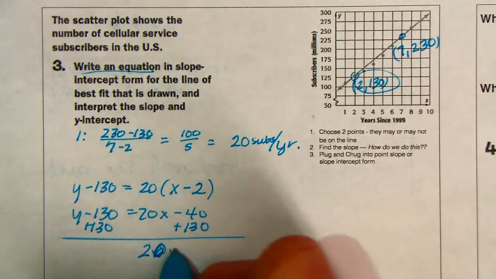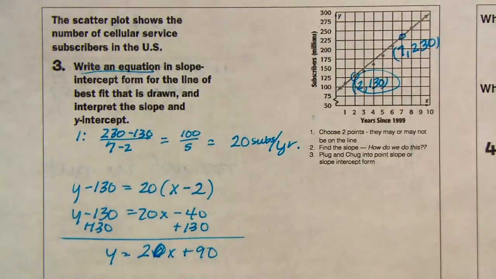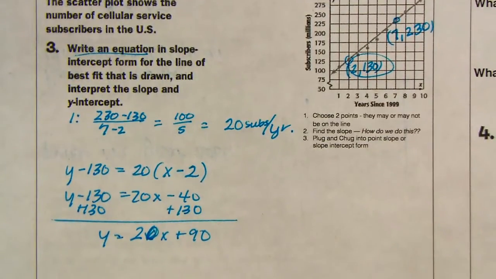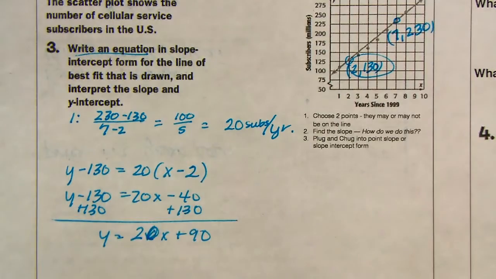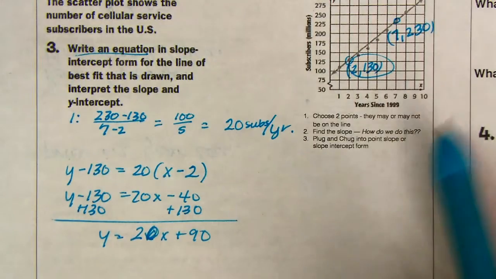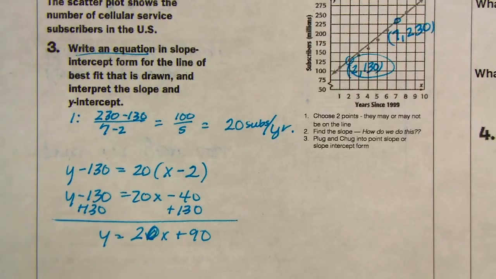Now interpret the slope and the y-intercept. Now we just talked about this. The slope is always the rate, which we've already kind of talked about. And the y-intercept is the starting point at whatever given year. So in the year of 1999, right? Yep. So it is 20 million subscribers per year.